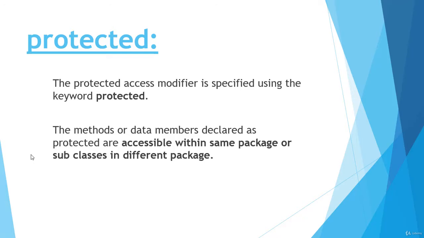So whenever we declare some class, method or data member as protected, then it can be accessed in the same package. But if there is a child class in another package, then we can access only that subclass from other packages. Otherwise we cannot access any class from the other packages.